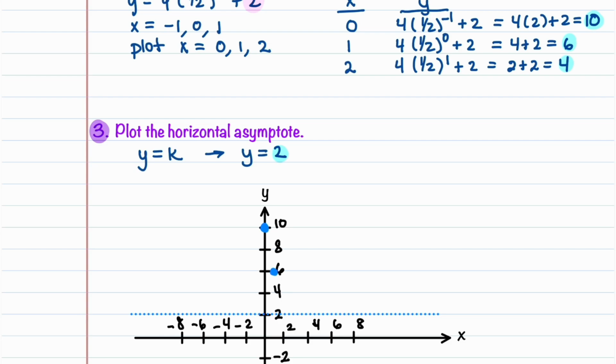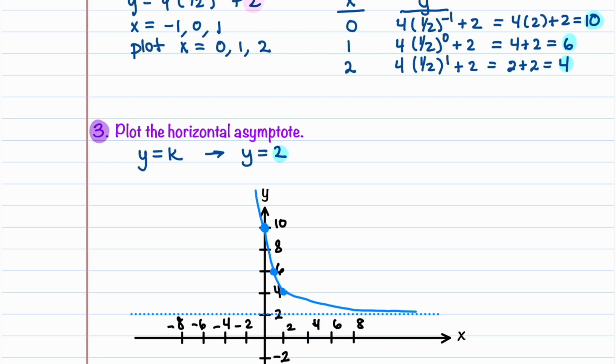And then our last point is x is 2, and y is 4. Now we can go ahead and plot our function. We're going to start up at the top left, and we're going to pick up this point, and then this point, and then we'll pick up this point, and then we're going to have to go to the right and follow that asymptote. And that's it.